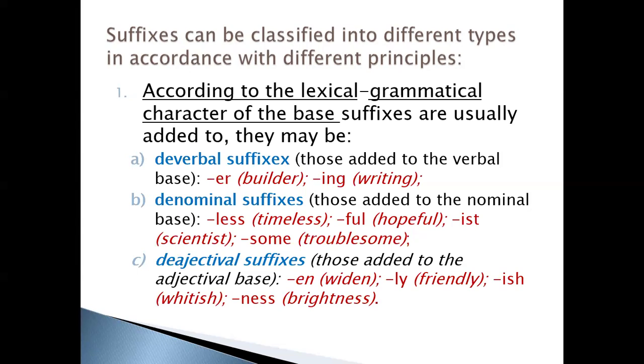For example, -less, timeless; -ful, hopeful; -ist, scientist; -some, troublesome. And the third variant is the adjectival suffixes, those added to the adjectival base: -en, -ridden, -ly, friendly; -ish, whitish; and -ness, brightness.